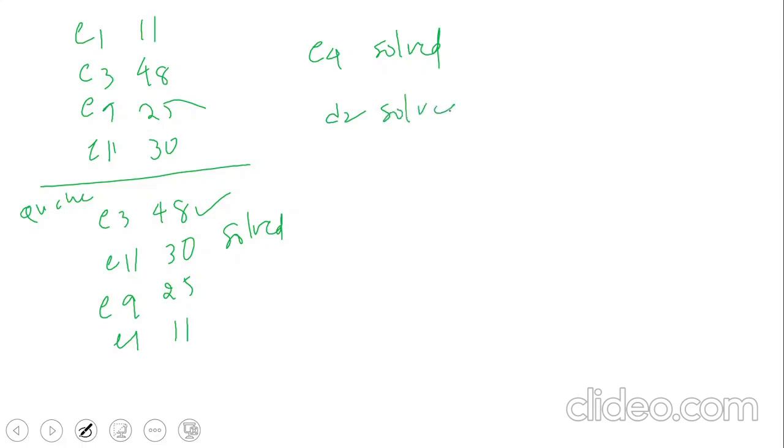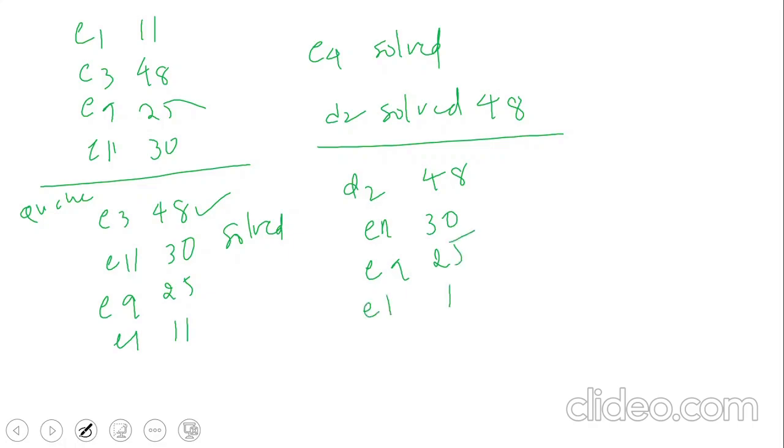D2 is solved with a value of 48, the minimum. Now in the queue we have D2 with 48, E11 with 30, E9 with 25, and E1 with 11, all in the solved state.